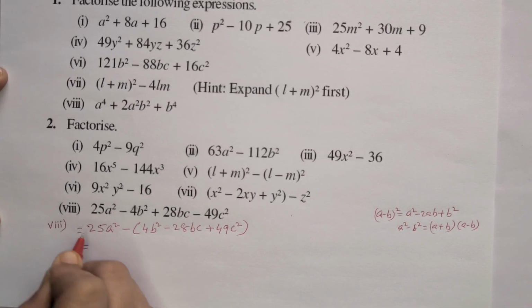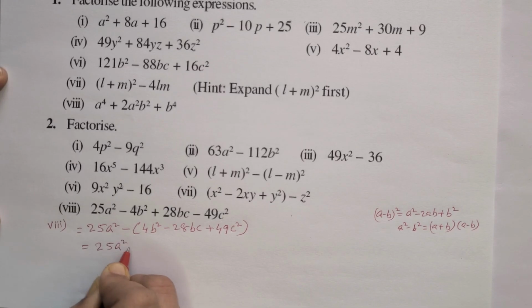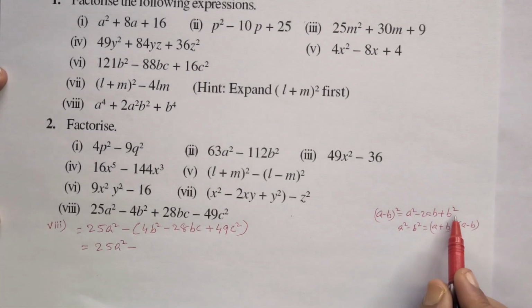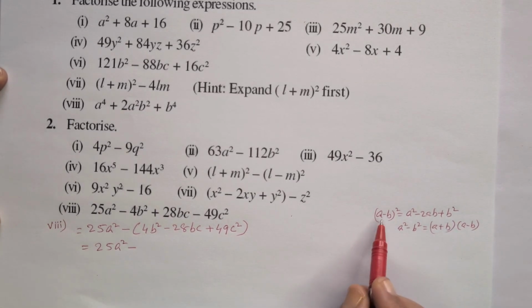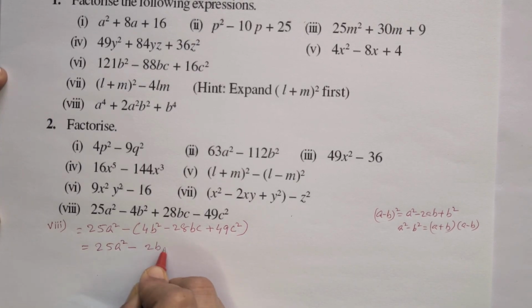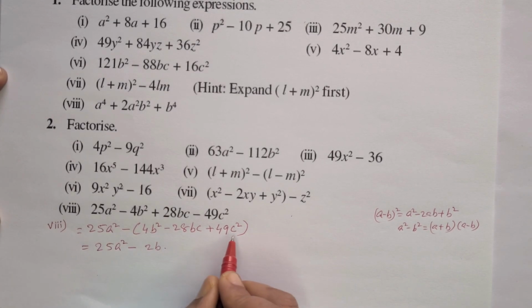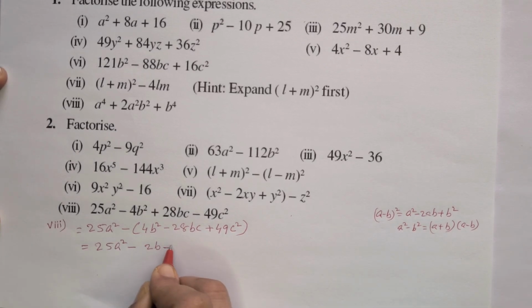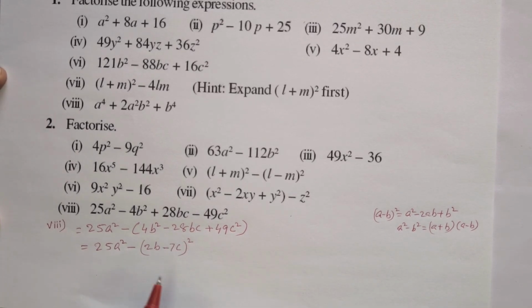And this is equal to 25a square minus, using this identity a minus b the whole square is equal to a square minus 2ab plus b square, that format we can write as a minus b the whole square form. That means here 4b square, square root of 4b square is 2b, and 7c, and that sign is negative, which means 2b minus 7c the whole square.